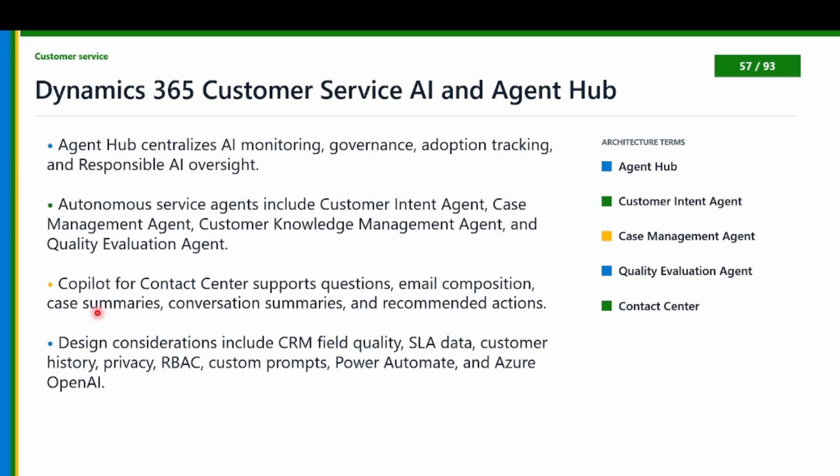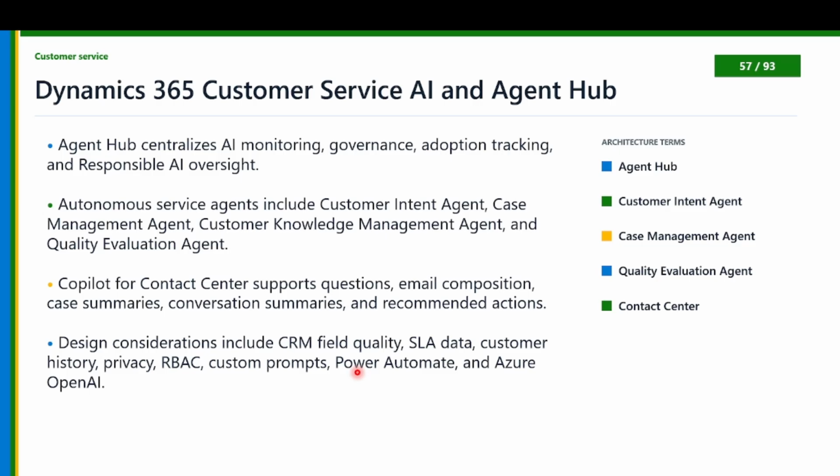Okay. So design considerations include CRM feed quality, SLA data, customer history, privacy, role-based access control, custom prompt, Power Automate, and Azure OpenAI. So these are design considerations that you should put into action under this customer service.